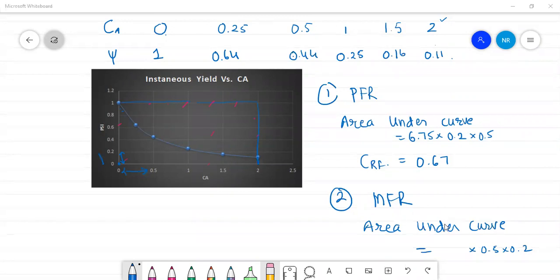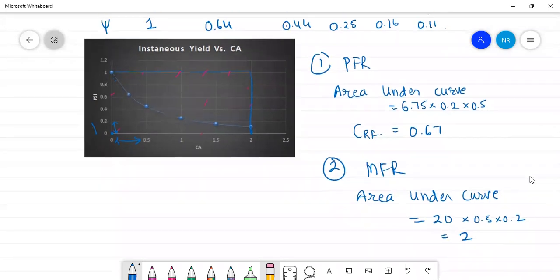So 20 multiplied by 0.5 multiplied by 0.2, it's 2. And it means if I am using the MFR, then I'm getting the desired product concentration as 2. If I am using the PFR, then my desired concentration is 0.65, which is better to use. MFR is better to use for these conditions.